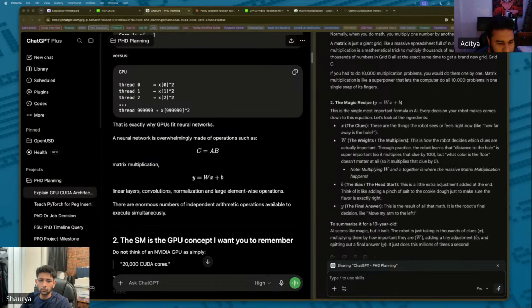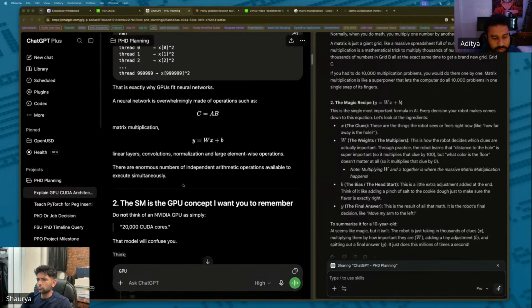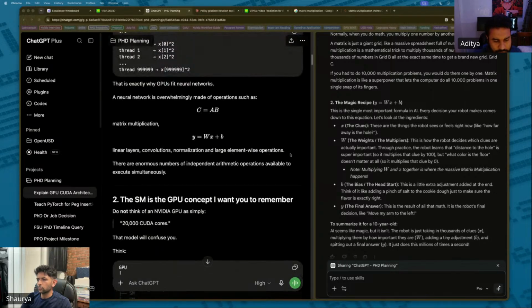Similar to that, we have a constant bias that is always added after a dot product is done in a neural network. So y equals W dot X, the dot product of two matrices, plus b, another matrix that is a constant. That's how the matrix multiplication works over here. I see. Linear layers.